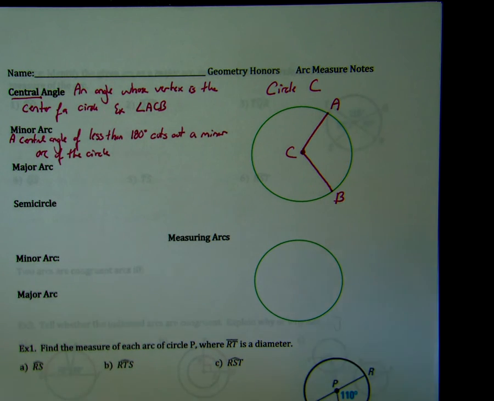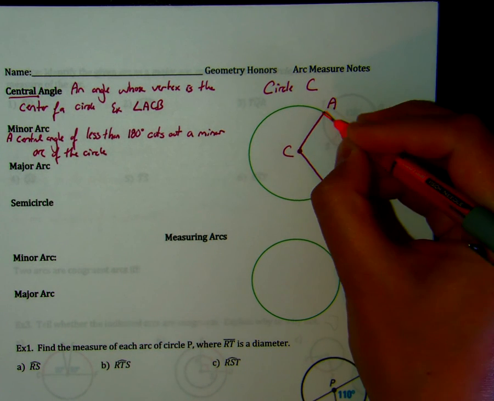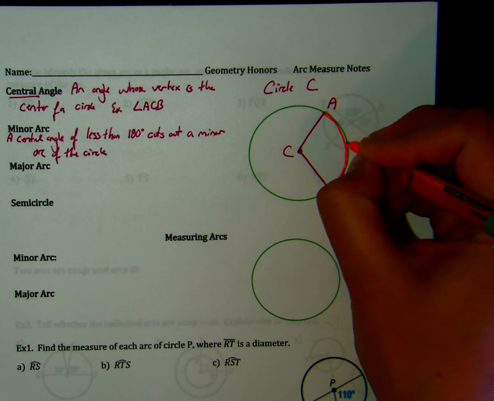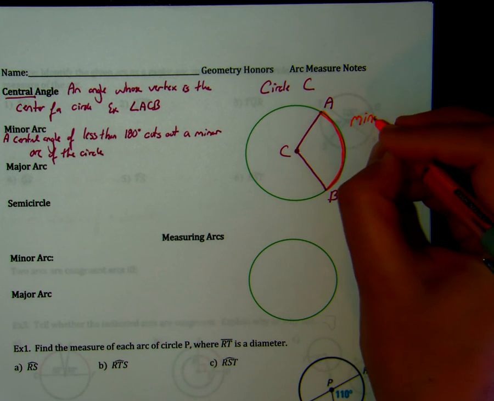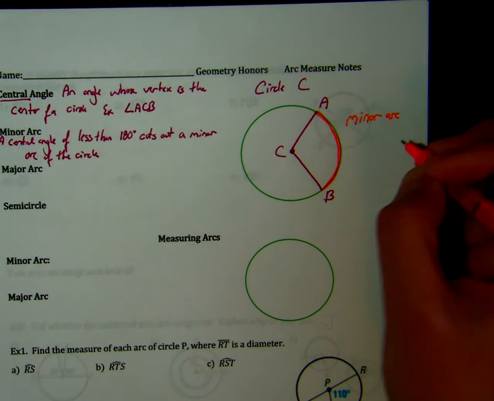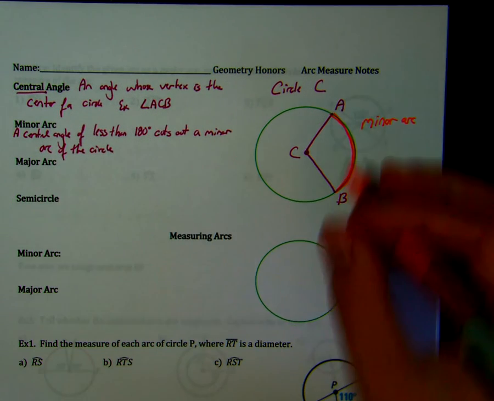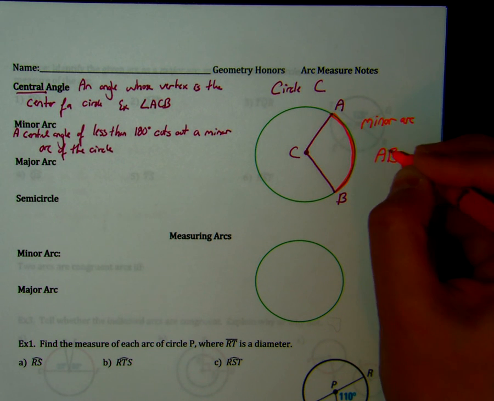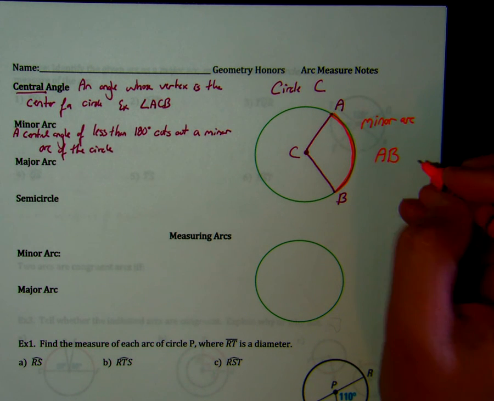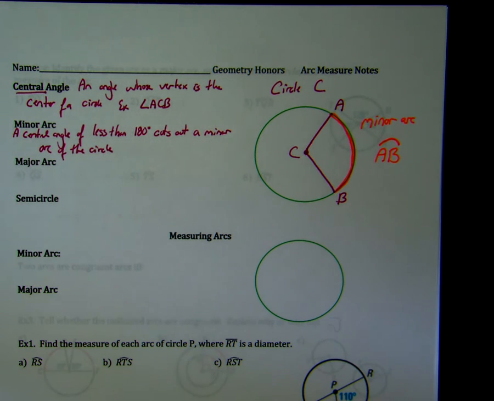If I were to do that in orange, this piece here, this little piece of the perimeter of the circle, is a minor arc. Just like a lot of other things in geometry, the naming is pretty intuitive. It's named by the endpoints, like you would a line segment. Just like if you were naming a line segment, you would draw a line segment over that. This is an arc, so I'm going to draw a little bit of an arc. Hopefully that makes sense.